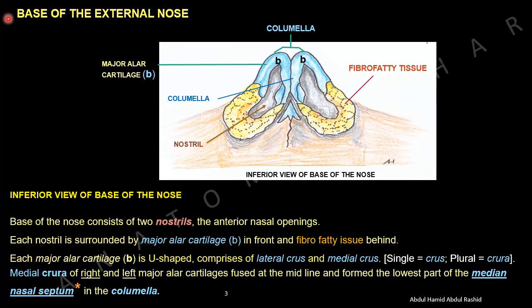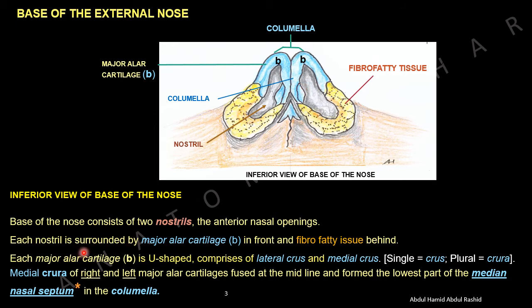Base of the external nose. This is the inferior view of the base of the nose. The base of the nose consists of two nostrils, that is the anterior nasal openings. One nostril here, one nostril here.